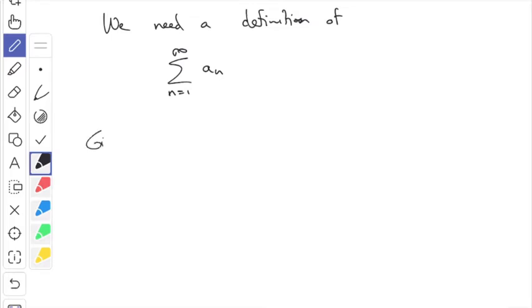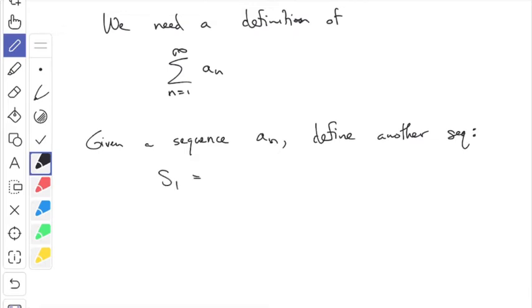So given any sequence an, we define another sequence, related to an, which I'll use S's for. S1 is just A1. S2 is A1 plus A2. S3 is A1 plus A2 plus A3.